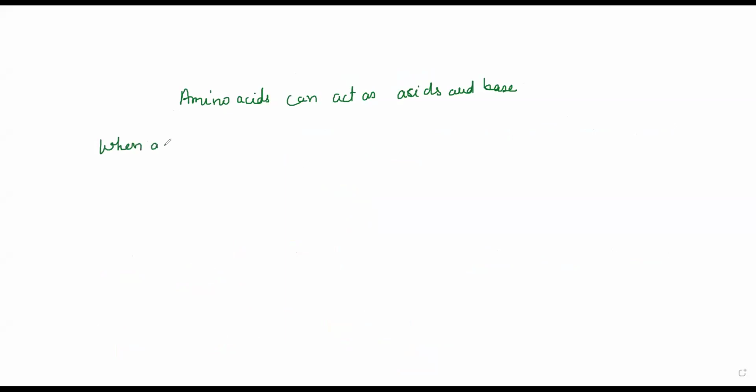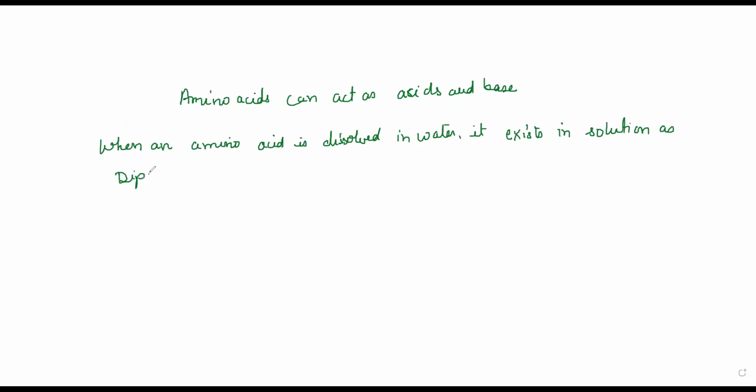When an amino acid is dissolved in water, it exists in solution as a dipolar ion, which is also called a zwitterion.